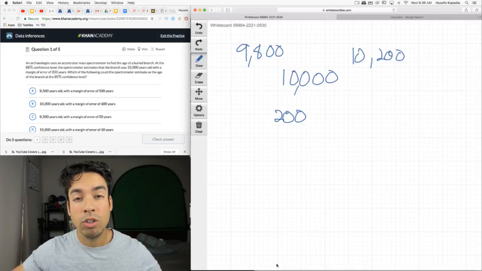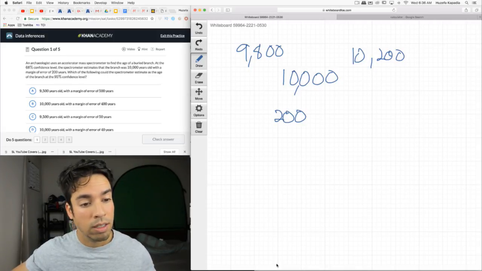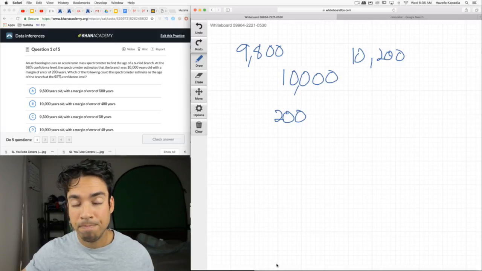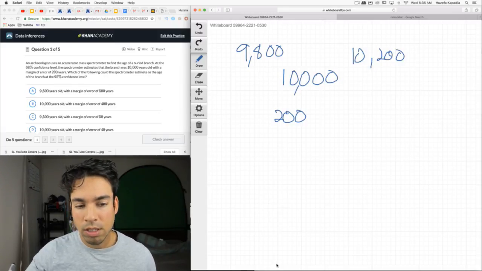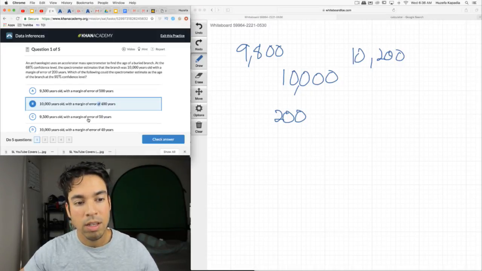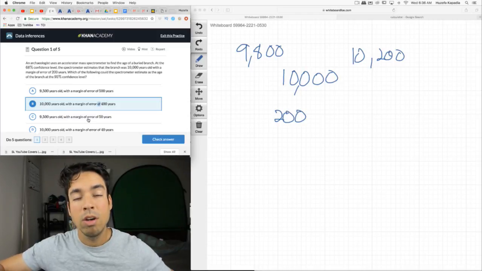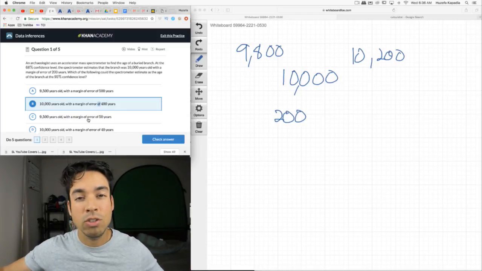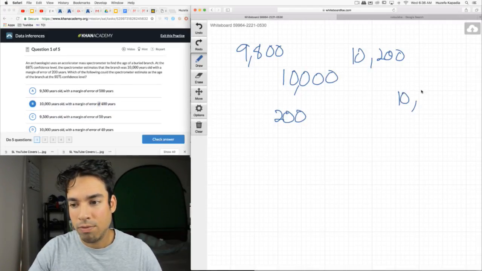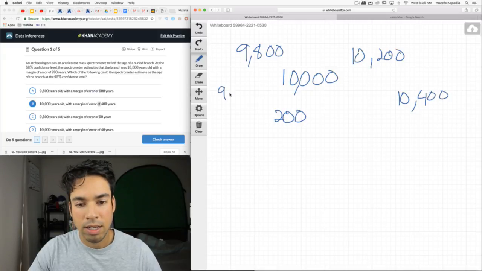And then I believe if we go to 2 standard deviations away, this is my recollection again, then we capture 95% of the data. So my guesstimate is that it's going to be the same value, but the margin of error is going to increase, meaning we're allowing for an additional standard deviation in each direction. So now we're going all the way up to 10,400 and 9,600.